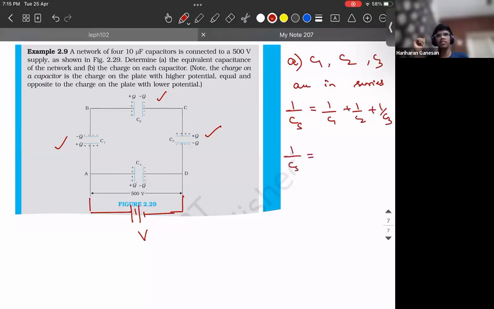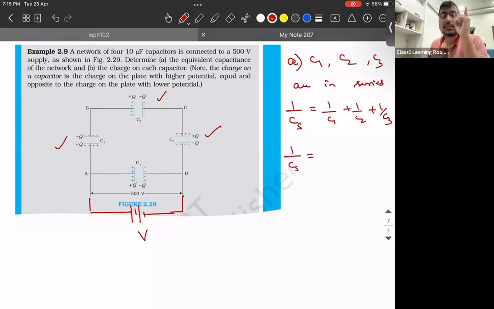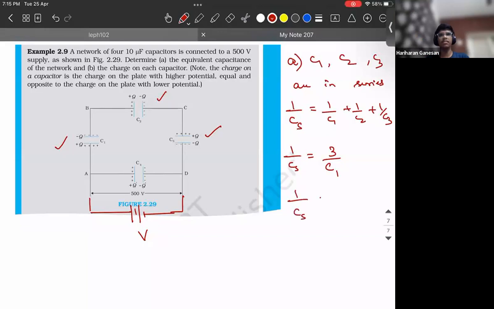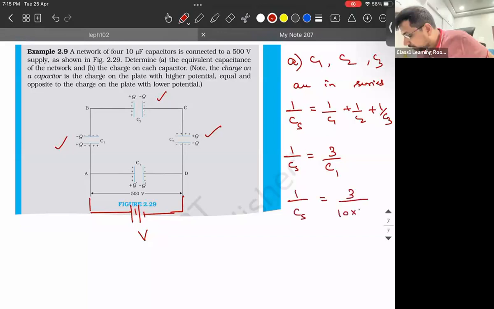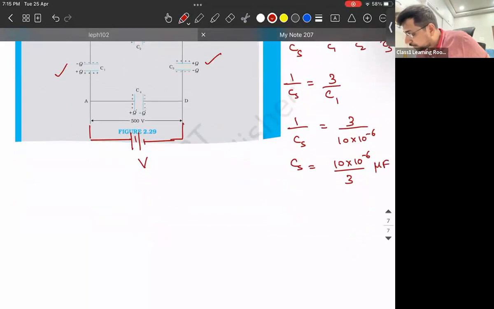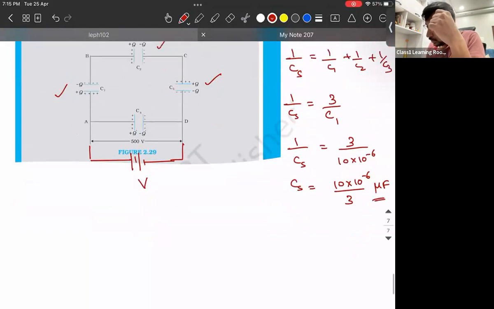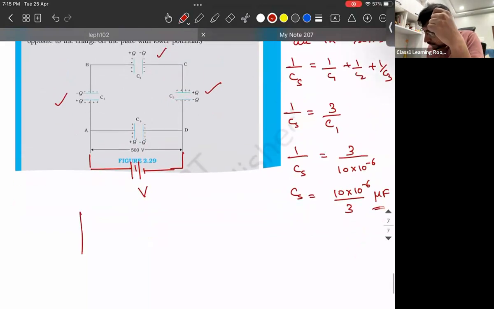So 1 divided by CS will be equal to, in this case C1, C2, and C3 all have the same value, so can I write it as 3 divided by C1? Yes, sir. So 1 by CS will be equal to 3 divided by C1, which is 10 into 10 power minus 6. So CS will be equal to 10 into 10 power minus 6 divided by 3 farad. Am I clear?